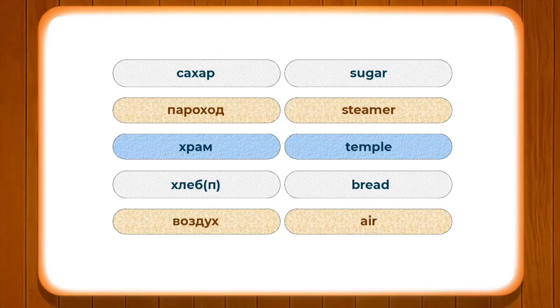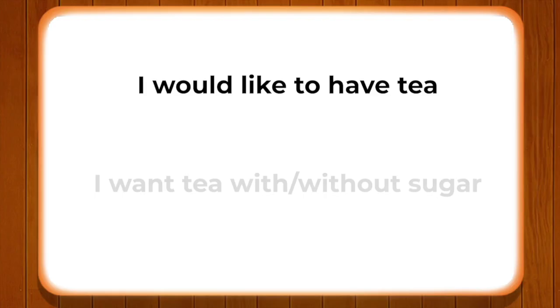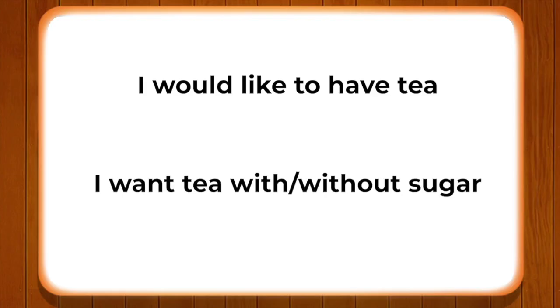Why? Because we use this word sugar. For example, if you want to have tea with sugar or without sugar, you must know the construction. So in this case, we are going to talk about two sets of sentences where I am going to say that I would like to have tea, or I want tea with or without sugar.